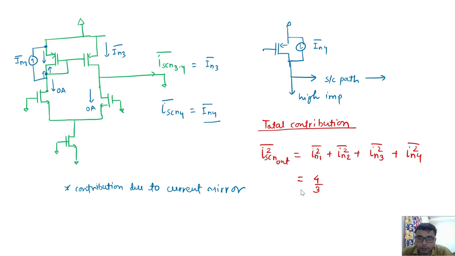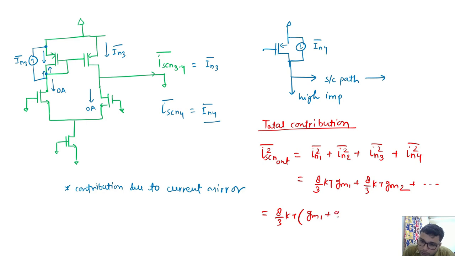sorry, 8 by 3 kT gm1 plus 8 by 3 kT gm2 and so on. So from here if I take 8 by 3 kT common, gm1 plus gm2 plus gm3 plus gm4.